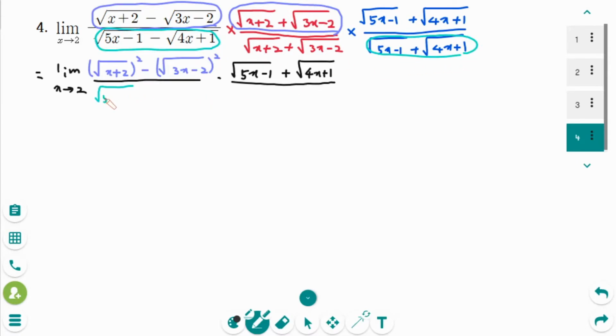So square root of 5x minus 1 squared minus square root of 4x plus 1 squared, and keep the middle one as is.